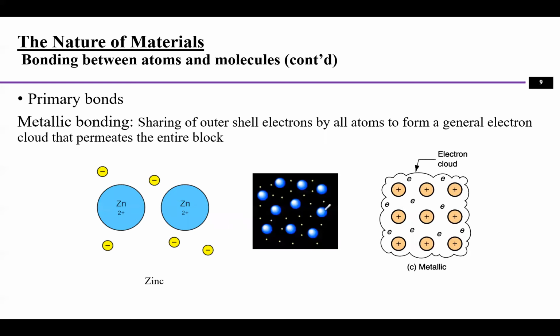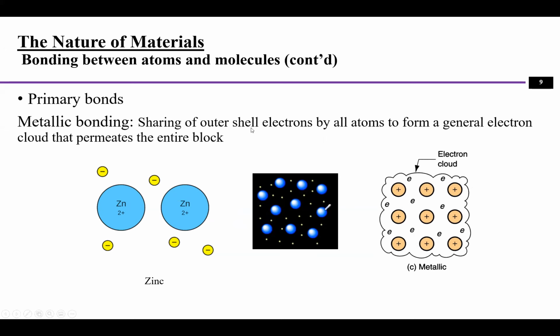And another type of the primary bonds is metallic bonding. So metallic bonding means the atoms are also sharing electrons, but the electrons are actually shared among all the atoms instead of only 2, right? So typically all the metals have metallic bondings.